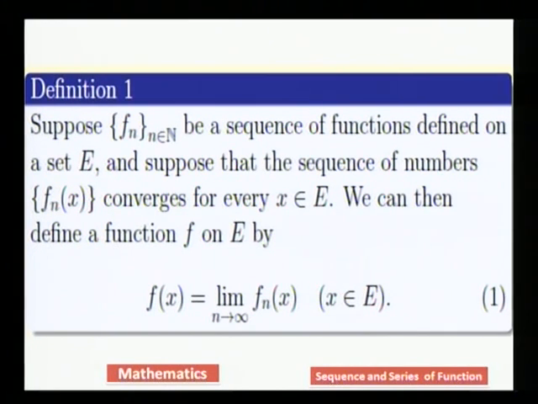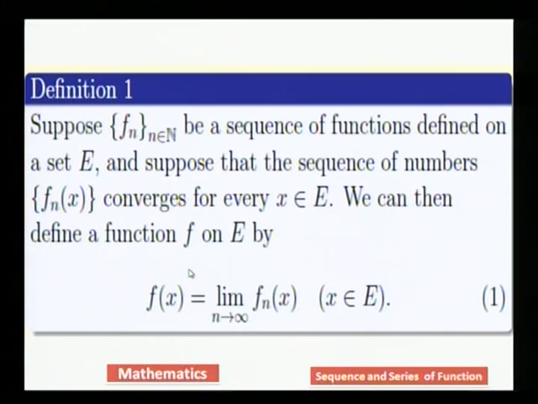Definition 1: suppose f_n, where n is a natural number, is a sequence of functions defined on a set E, and suppose that the sequence of numbers f_n(x) converges for every x in E. When you take any x in E, f_n(x) will in general be a complex number. We are assuming that this sequence converges, so it will converge to some number which will depend on this x.